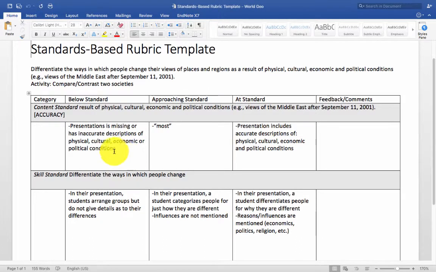And then we can go in the reverse and write out below standard that things are either missing or inaccurate. And then somewhere in that spectrum, approaching standard is that students get most of those things right, but maybe not, of course, all of them.